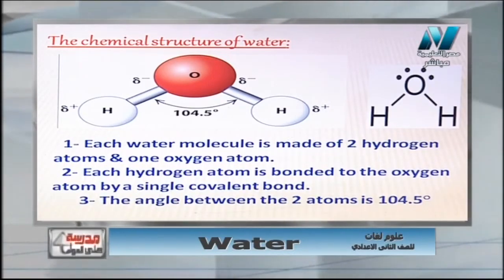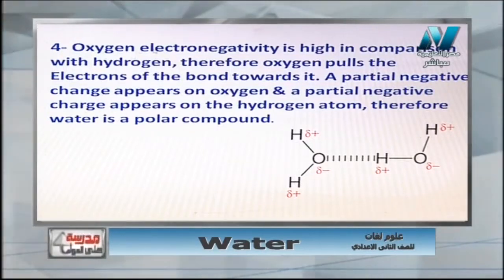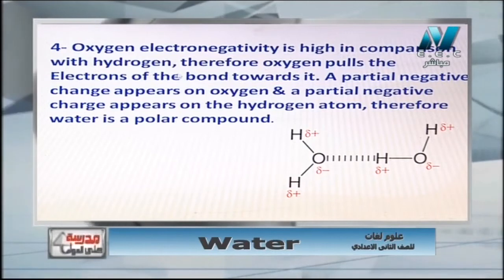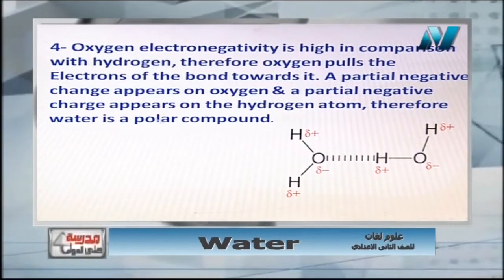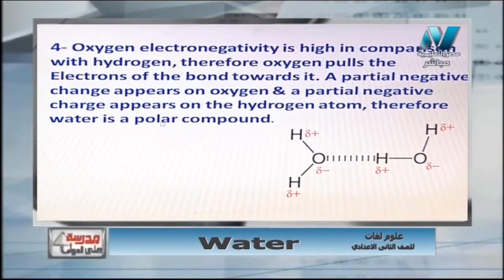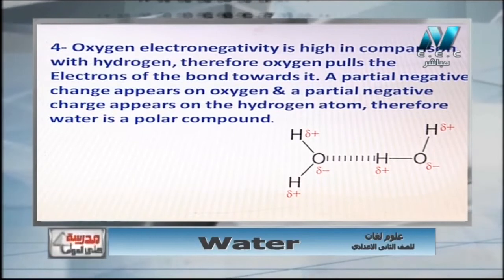Now we are going to discuss the oxygen electronegativity in comparison with the hydrogen bond. What is meant by hydrogen bond? Let's see together. We said that the water molecule consists of oxygen and hydrogen.